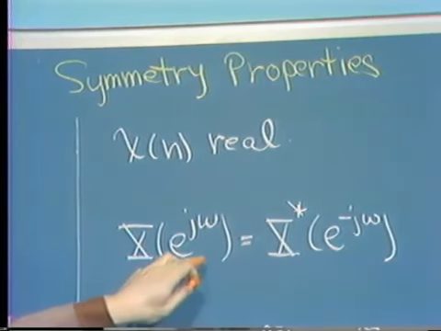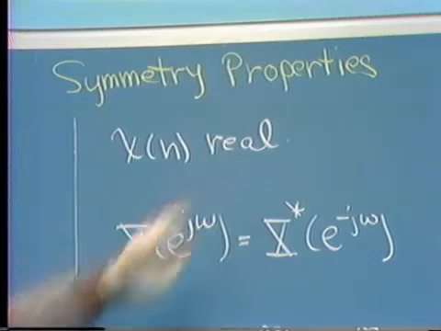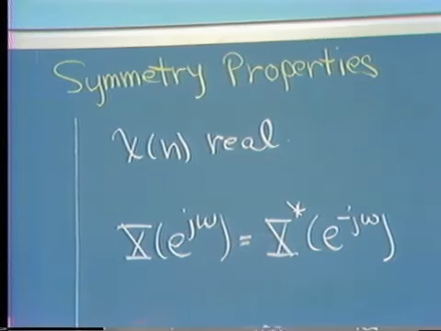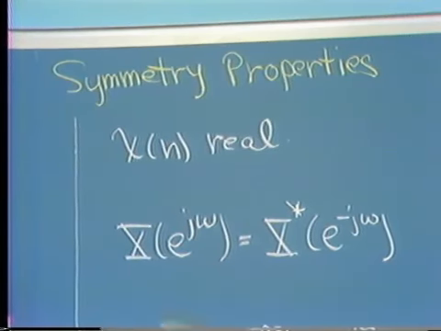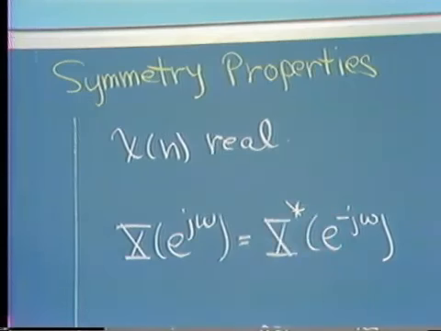Well, the basic symmetry property is that for x of n real, the Fourier transform is a conjugate symmetric function. X of e to the j omega is equal to x conjugate of e to the minus j omega.